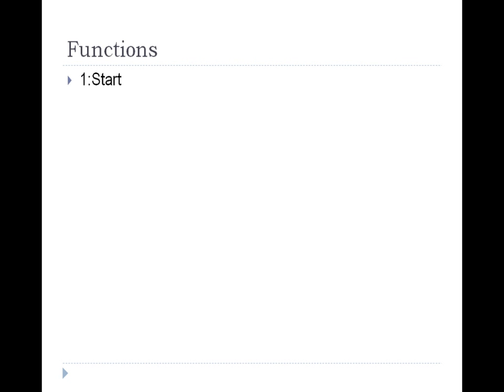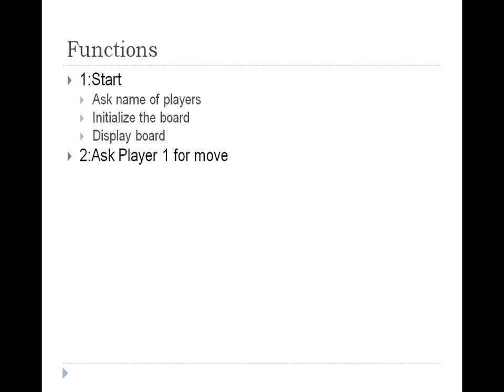Now if you remember, we talked about the logic that we will be using to develop a Tic Tac Toe game, and I'm just going to discuss that logic again. We start by asking the names of the players, initializing the board, and then displaying the board.